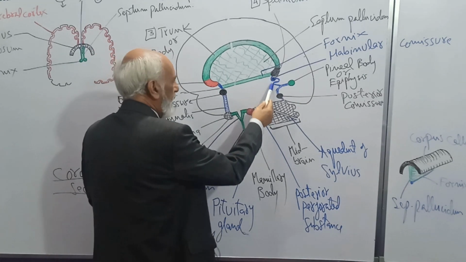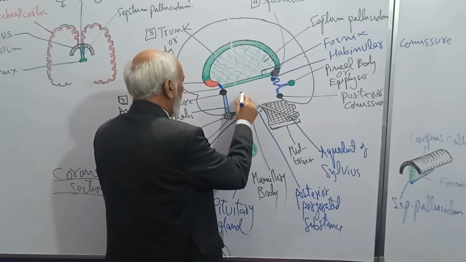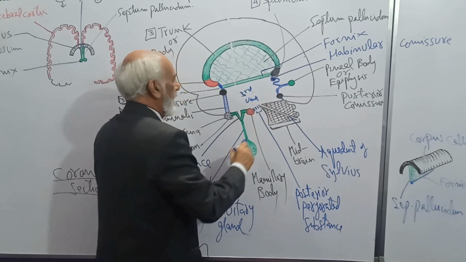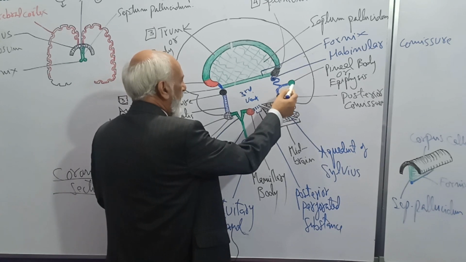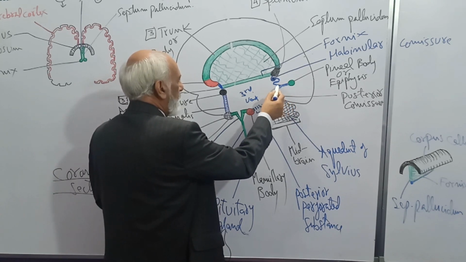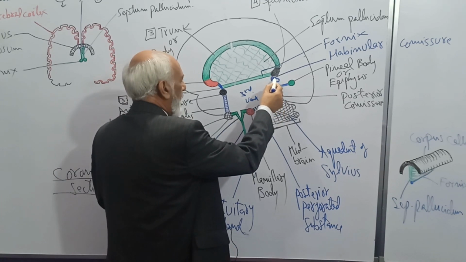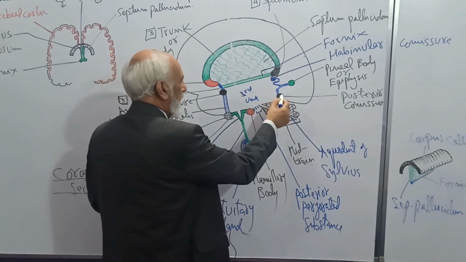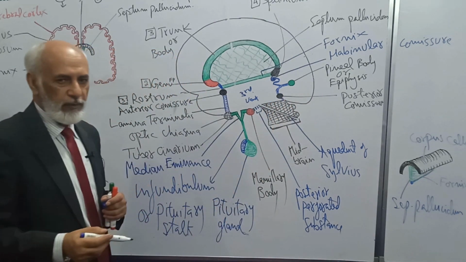The posterior wall of the third ventricle is formed by the pineal body, pineal stalk, superior lamina, inferior lamina, the superior lamina above occupied by the habenular commissure, the inferior lamina below it occupied by the posterior commissure.